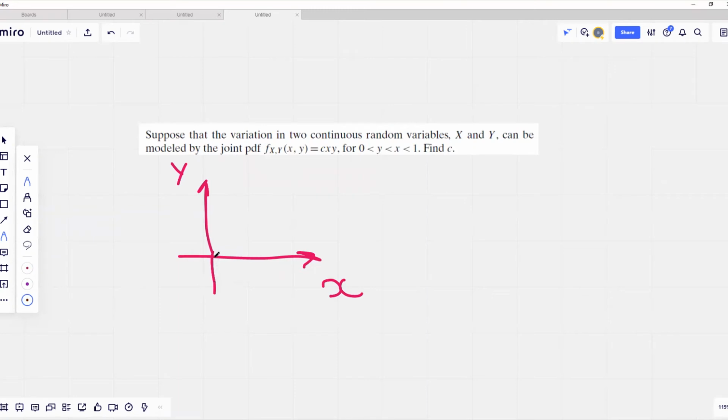We are looking for the region in the following box from 0 to 1. If we draw the line y equal to x, then this is our line y equal to x. And we are looking for values x greater than y in that box from 0 to 1. So our region is then represented here in black.